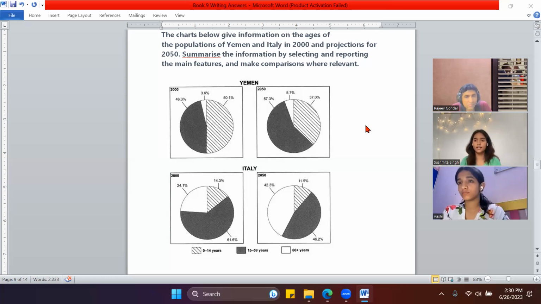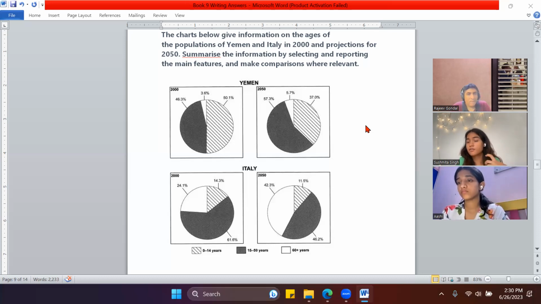On the other hand, in Italy in 2000, the largest share of the population was of people between the age of 15 to 59, whereas 24.1% of the population was under 14, and 24% comprised people who are over 60.